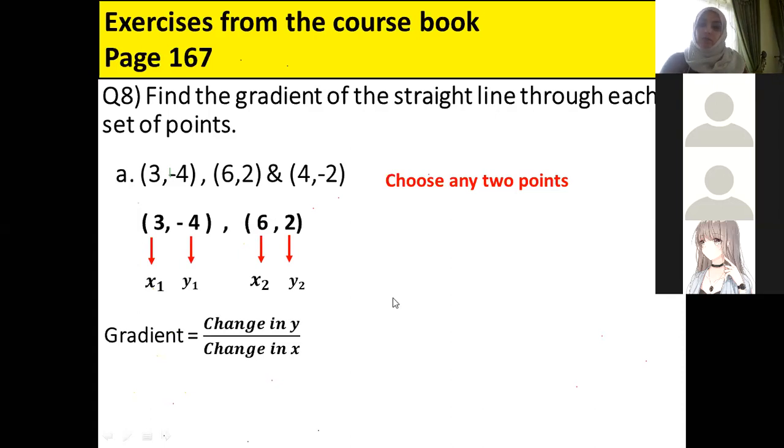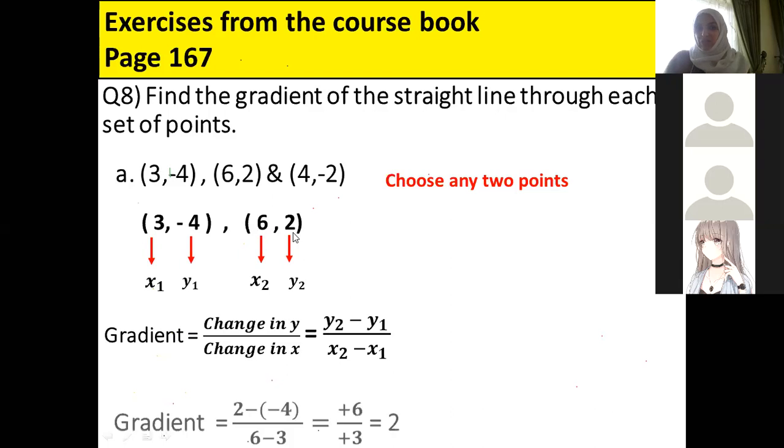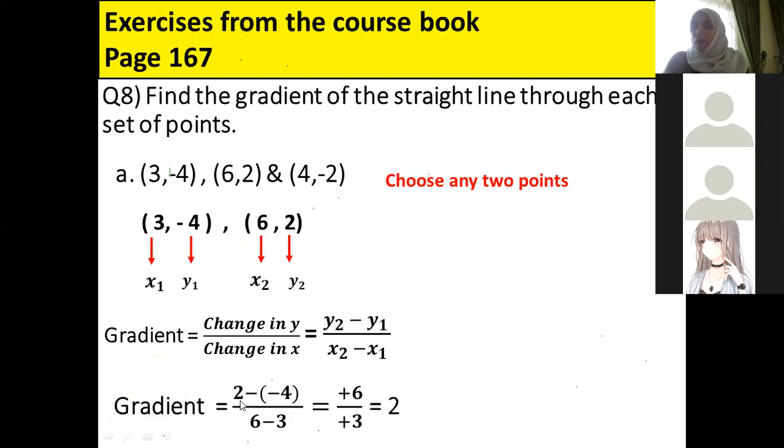Which one is y, teacher? Is it the 6? No, 2. Yes. So it's 2. You will start with the 2. Okay, come on, once more, Yahya. Try it again. 2 minus -4 divided by 6 - 3. Excellent. So it's 2 minus -4 divided by 6 minus 3.